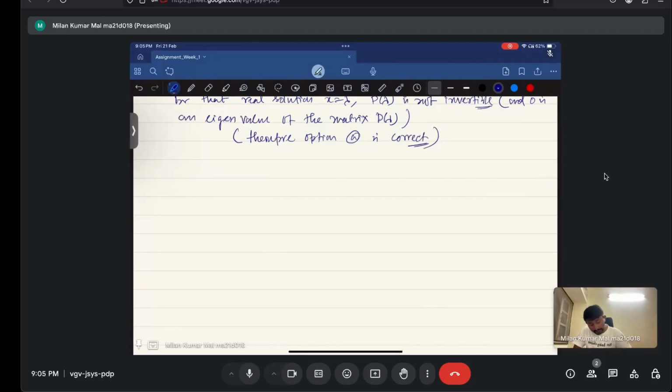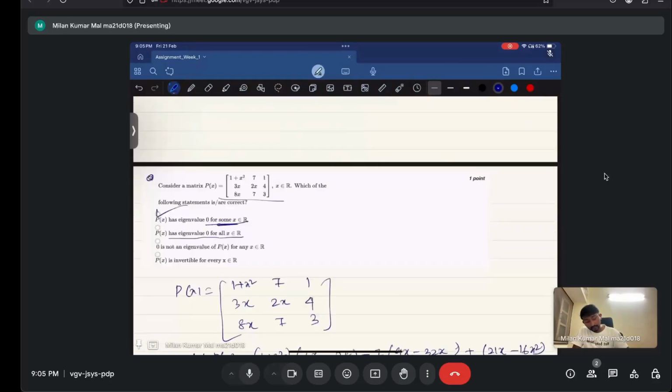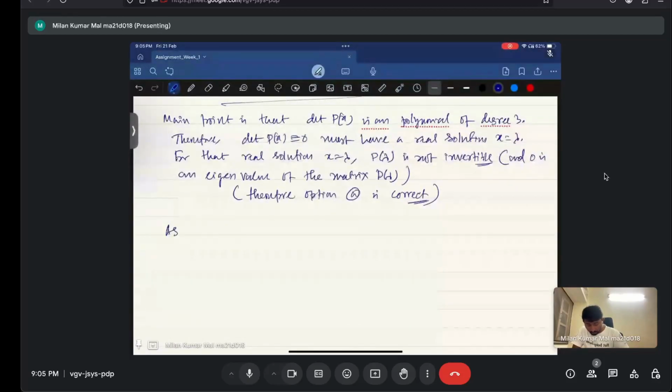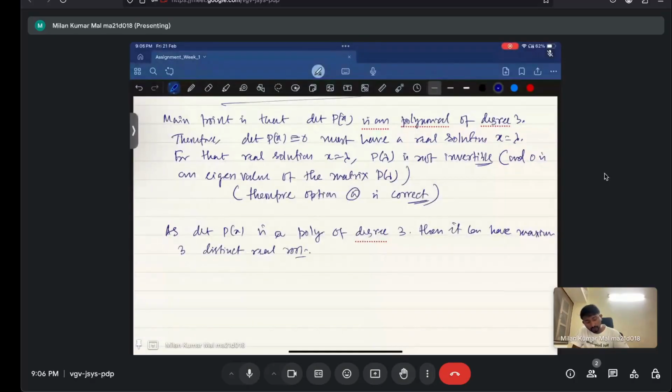The second is that px has eigenvalue 0 for all x belongs to R, but that is not true, because determinant of px equals to 0, and as determinant of px is a polynomial of degree 3, then it can have maximum 3 distinct real roots.